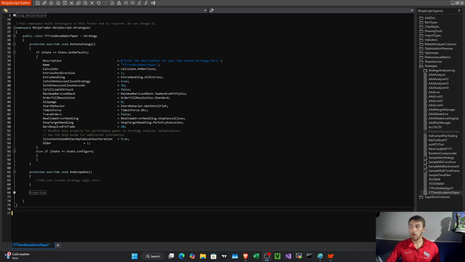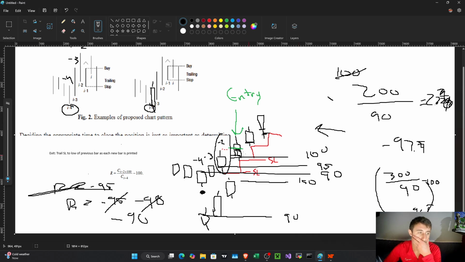All right, so now let's go ahead and code the actual strategy. The first thing we need to do is find a peak, right? We need to find when this happens.